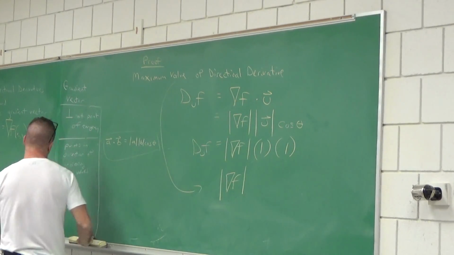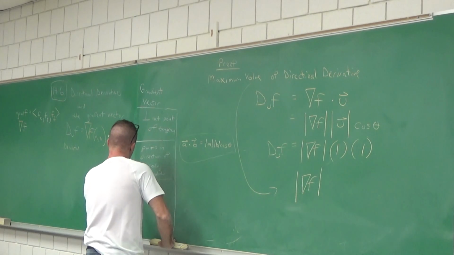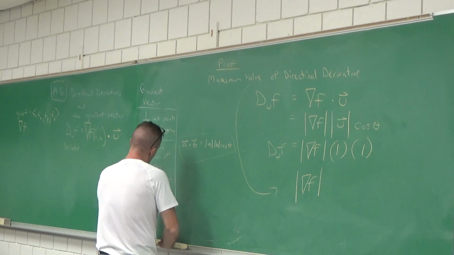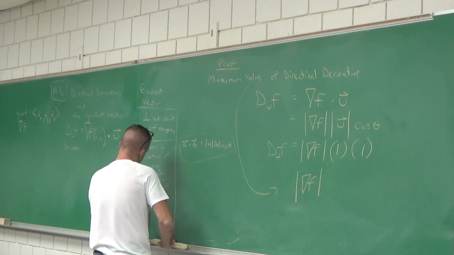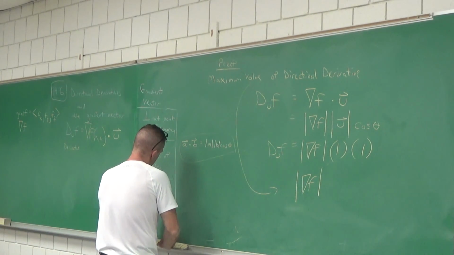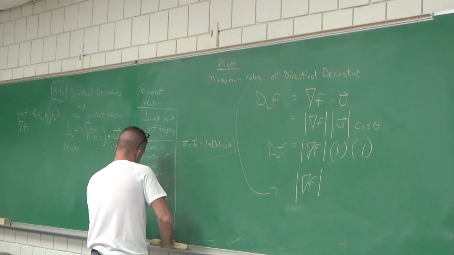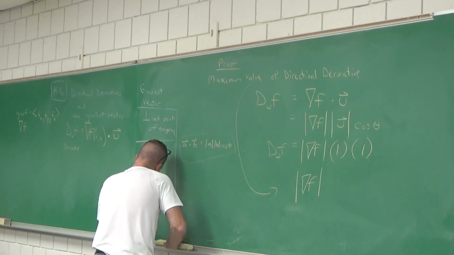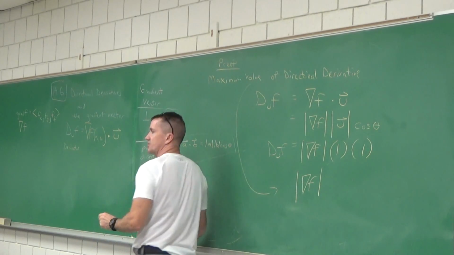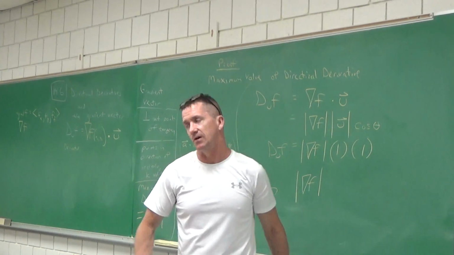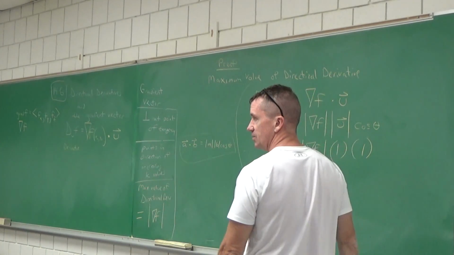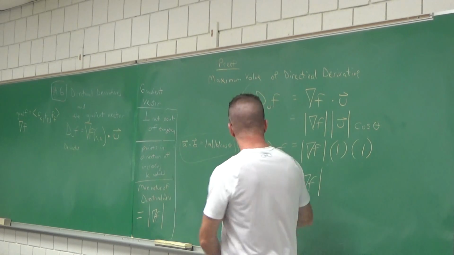The max value of any directional derivative will equal the magnitude of the gradient vector, evaluated at the point, whatever point you're at. If it's at the point (1, 2), plug in a 1 and a 2 in there. Isn't that cool? We just proved it.